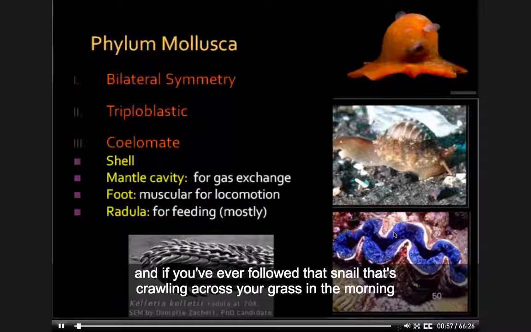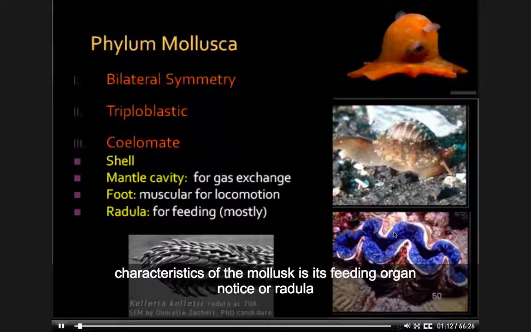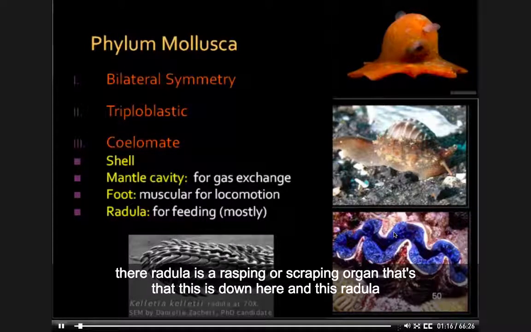And if you've ever followed that snail that's crawling across your grass in the morning, he's crawling on what we're calling a foot. It's a muscular organ that can be used for locomotion. And one of the other really important defining characteristics of the mollusk is its feeding organ, known as a radula. A radula is a rasping or scraping organ. That's what this is down here.